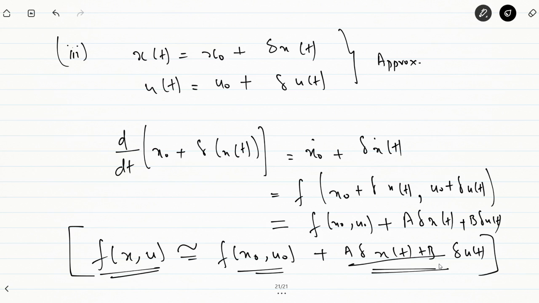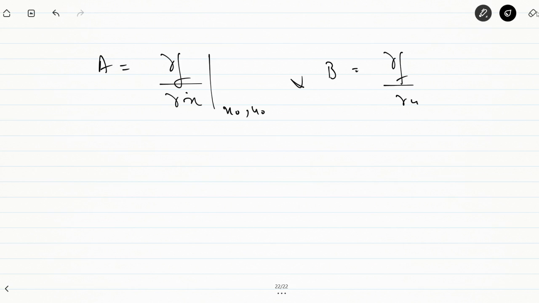Now only one term has been added, that's delta, where this A and B will be nothing but the partial derivative of your function around its operating points, and B will be the partial derivative with respect to u around its operating points.